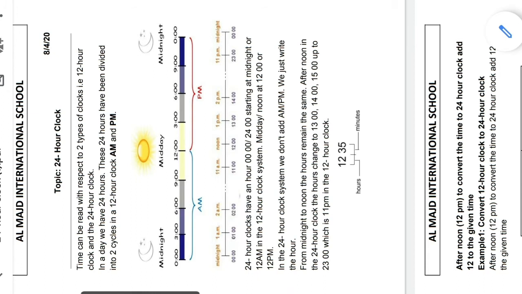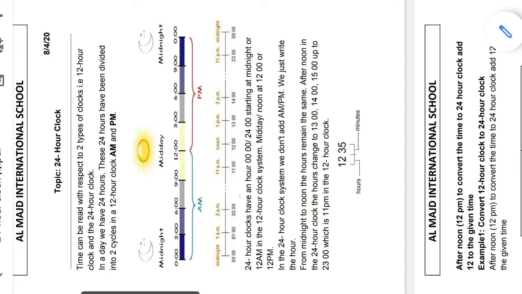You understood 12-hour clock. Now 24-hour clock. 24-hour clock is nothing but when we count the hours from midnight 12 o'clock till the next day in proper numbers, like in consecutive numbers. That means from 0 to 24 we're going to count the hours like that.